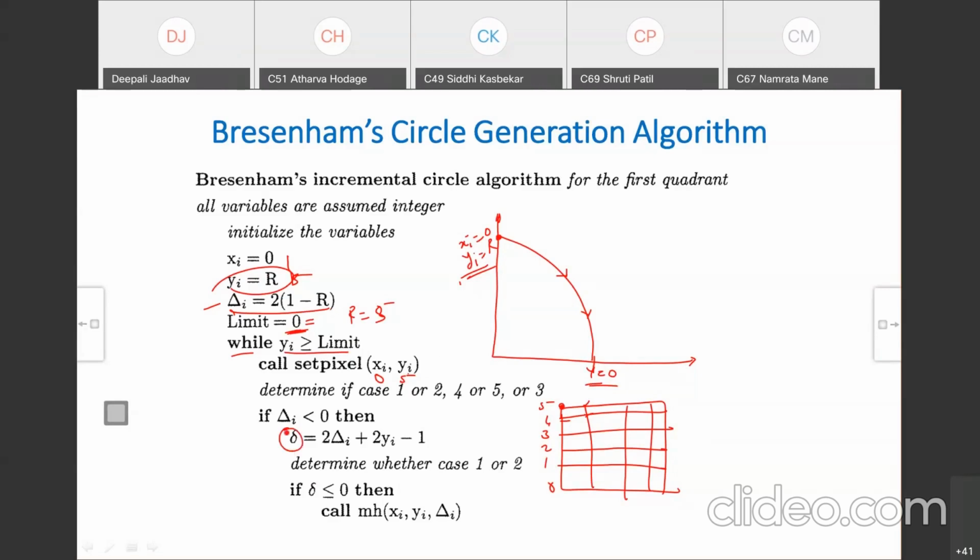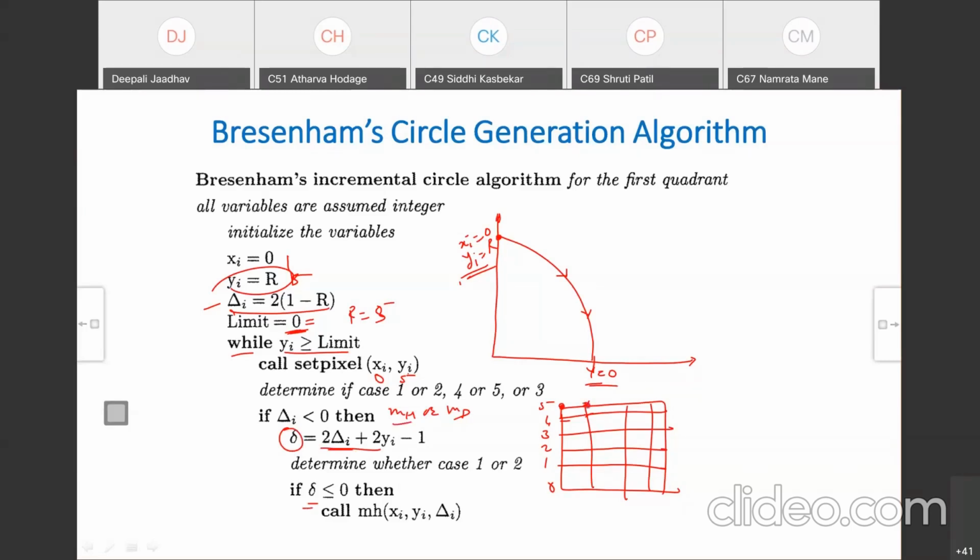Lowercase delta is calculated to choose either MH or MD. It uses the equation, which we have already seen how it is generated. Then if this is less than or equal to 0, then MH is selected, means this pixel is selected.